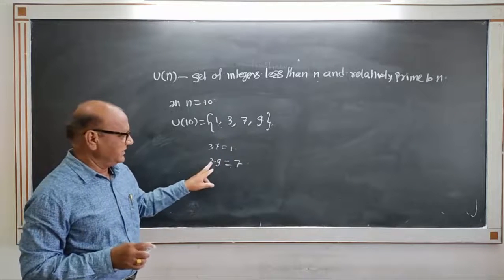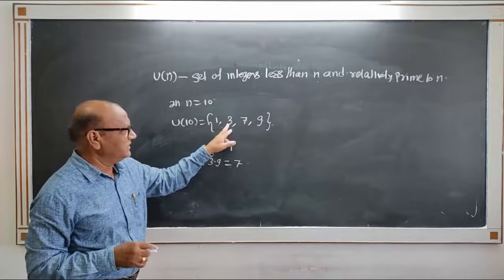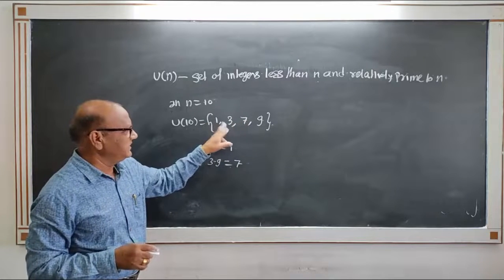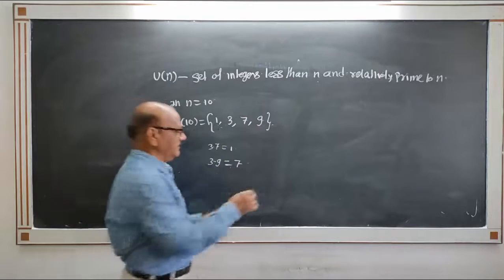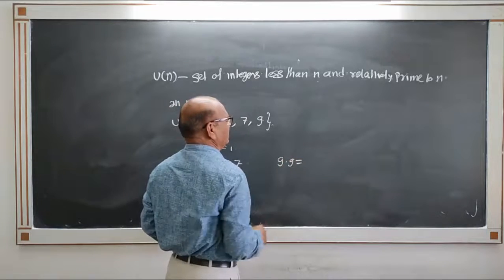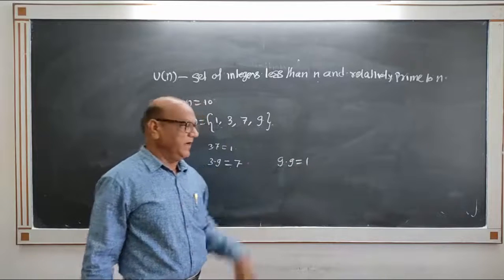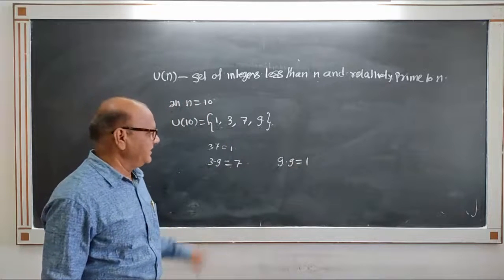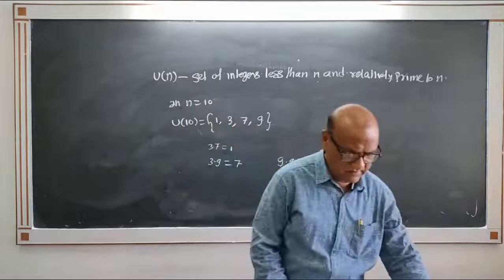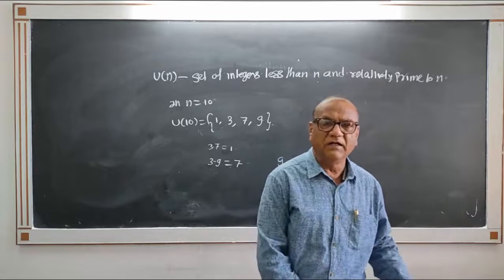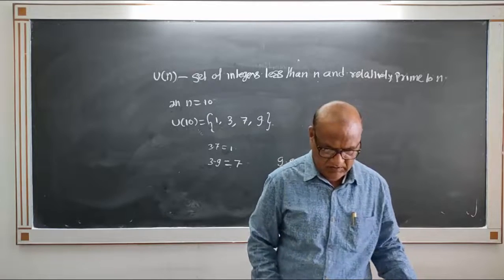So the closure property is satisfied. 1 is the identity. The inverse of 3 is 7, the inverse of 7 is 3, the inverse of 1 is 1, and the inverse of 9 is 9 itself: 9 into 9 is 81, which is 1 modulo 10. And so it is a group under multiplication modulo 10.